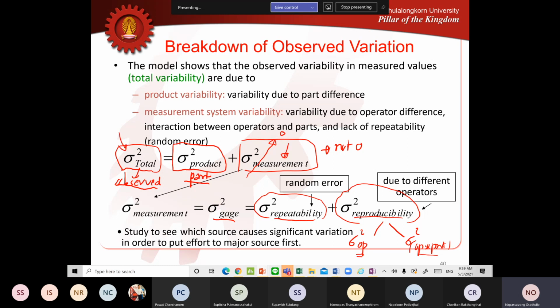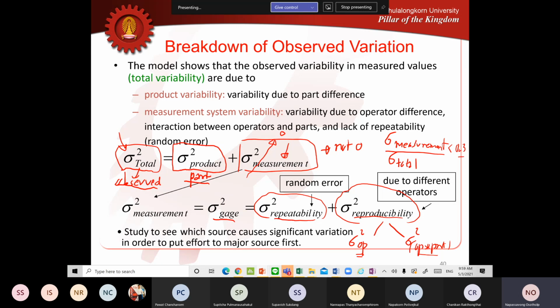So if the ratio of the measurement system compared to sigma total is small, the criterion that we use to accept is less than 30%.